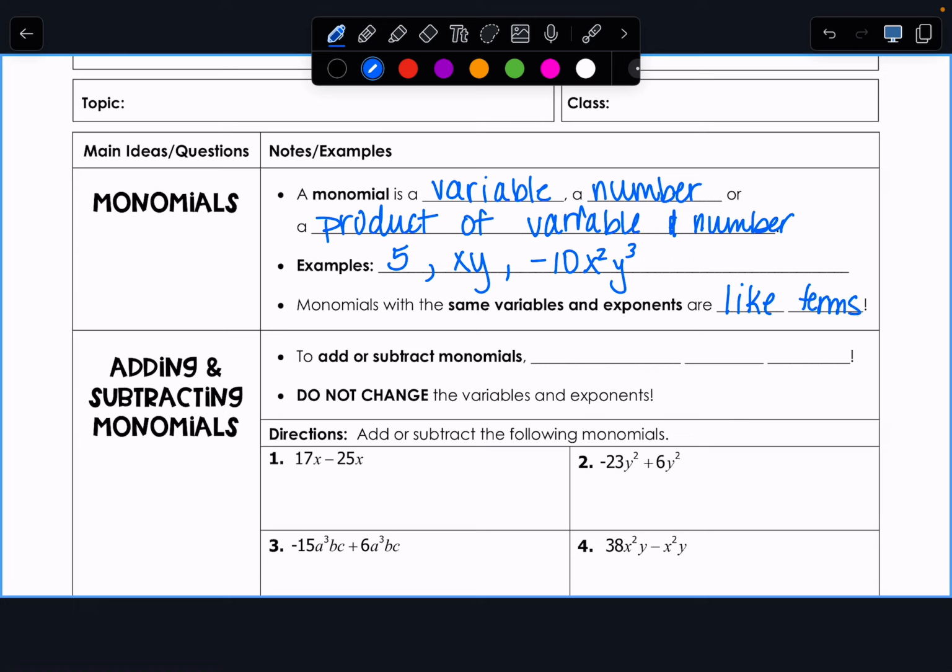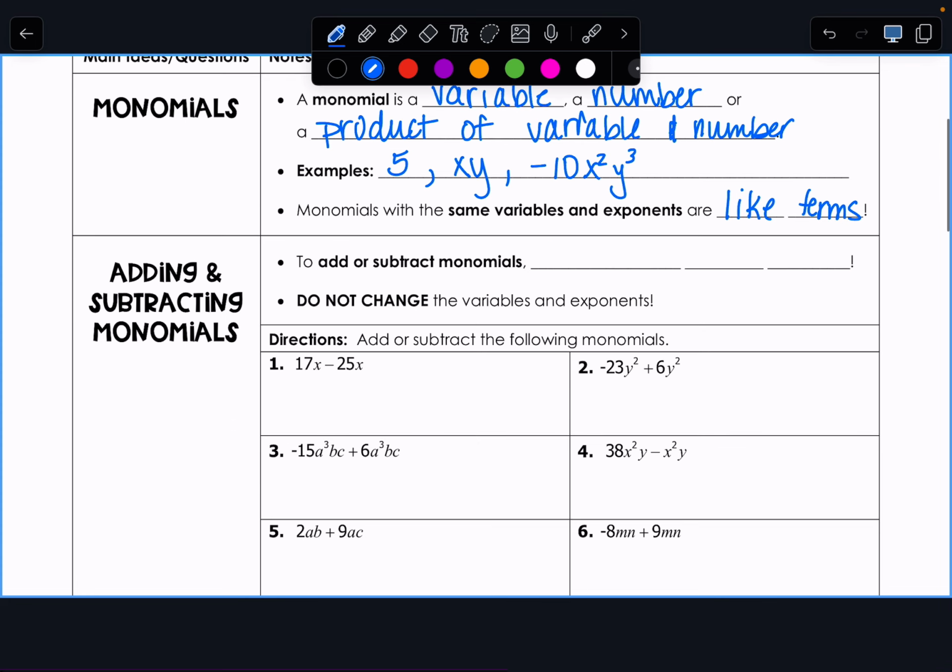If you have 3 monomials that are x squared y, then those are like terms. We can add them together. So if we're going to add or subtract monomials, we have to make sure that they are like terms. If they're like terms, then we can do the addition or subtraction depending on what it is.